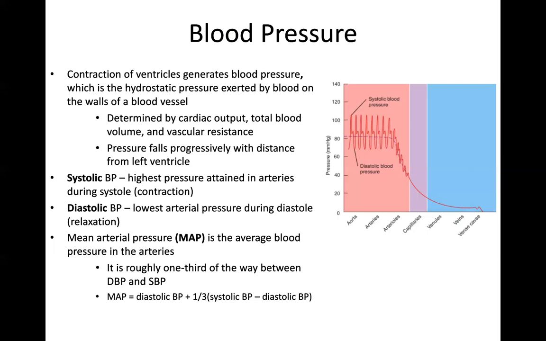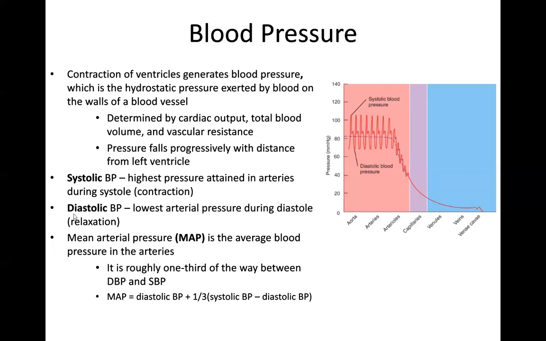Your mean arterial pressure in that case is closer to 90, 93, something like that, if I remember off the top of my head. I haven't done the calculation in a long time, which you can see the formula for at the bottom of the page. Not something I'm going to ask you to know. And you might be wondering, why isn't it 100 right there in the middle between 120 and 80? That's because you actually don't spend equal times in systole and diastole.